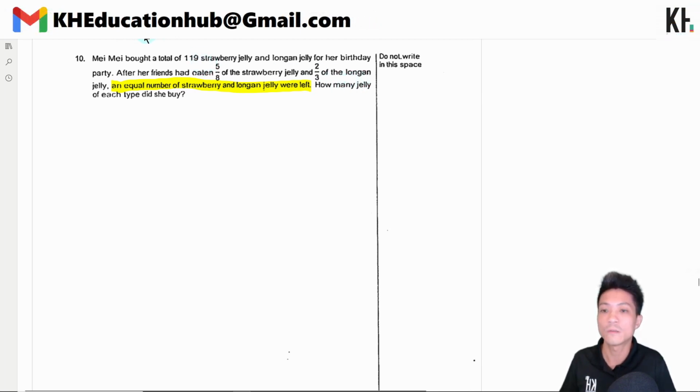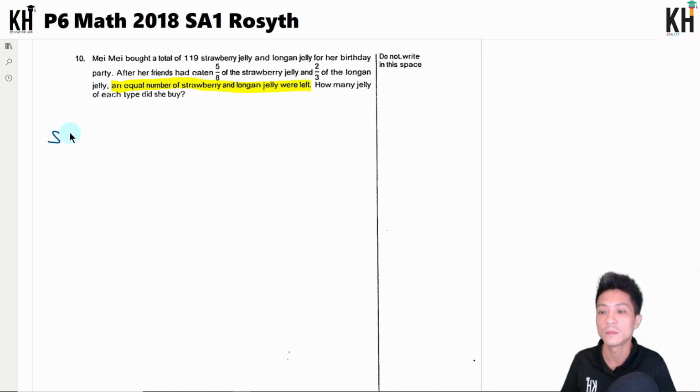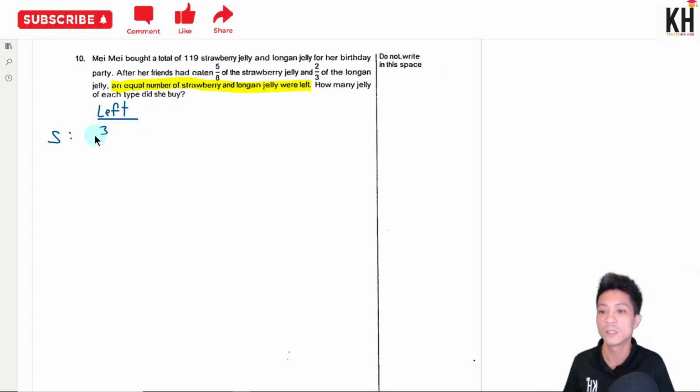So for this type of question, we know what's left. For the strawberry, if her friends had eaten 5/8, that means what's left is 3/8. For the longan, what's left is 1/3.